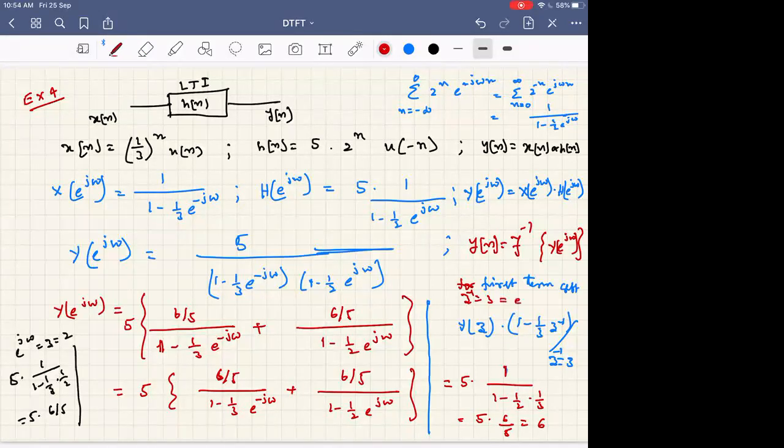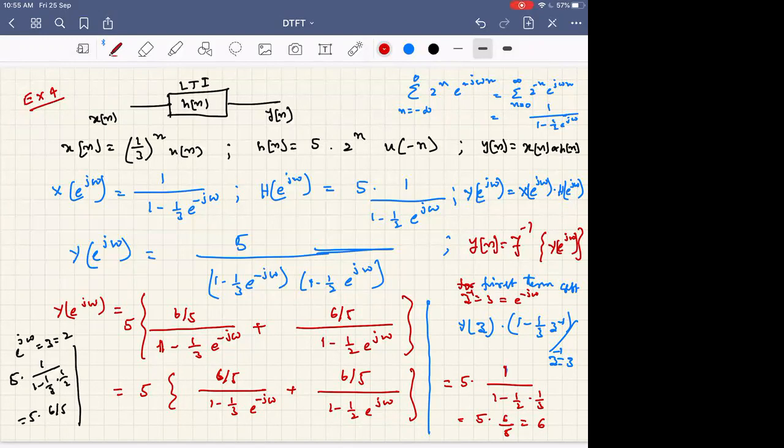Here e power minus j omega is equal to 3 we made in this substitution, and here e power j omega or z equal to 2 we made. Hope this process of finding partial fractions is clear, especially for those who have not used these recently. So now after all this, what do we do?